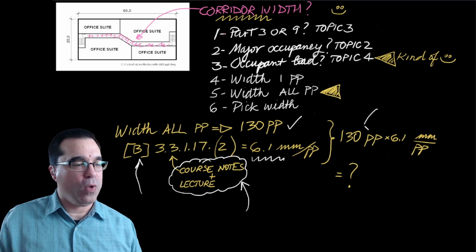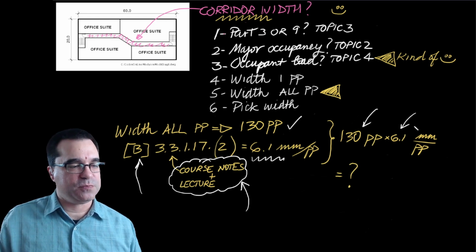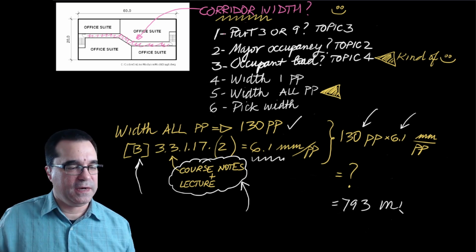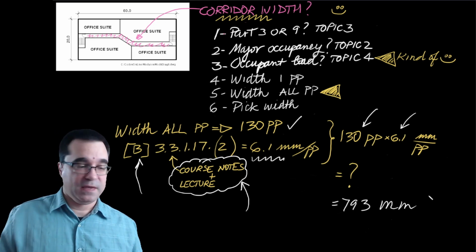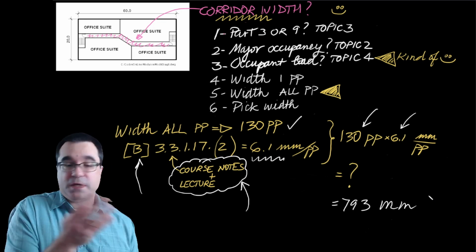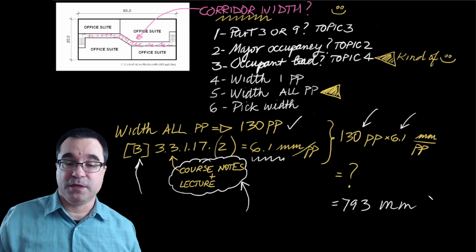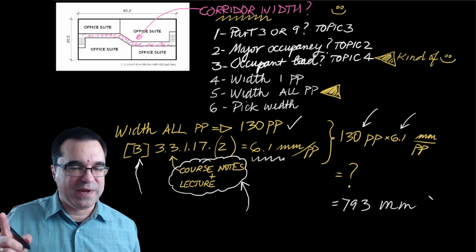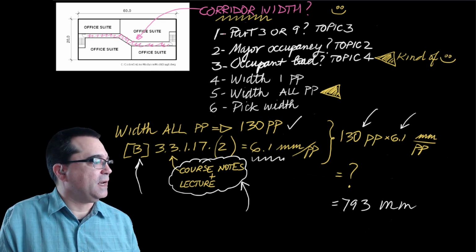So if we do 130 people times 6.1 millimeters per person, we get 793 millimeters. We round up to the nearest millimeter. It just turns out that this works out to the nearest millimeter. So 793 millimeters. We're ready to now wrap it up with step number 6.